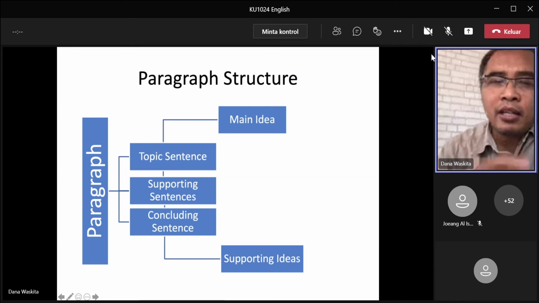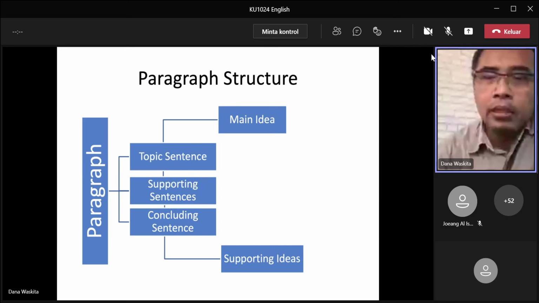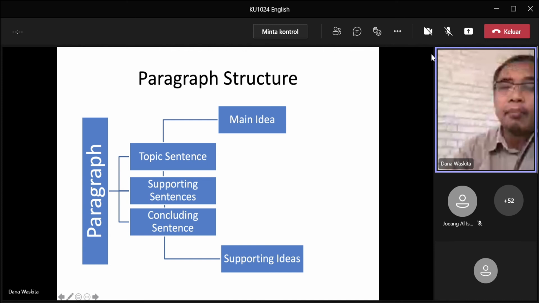You can learn some examples of the position of the topic sentence and also the types of main idea, explicitly stated or directly stated and implied, in the video in Schoology, about paragraph examples. Ya, di paragraph example Anda nanti bisa lihat di situ.